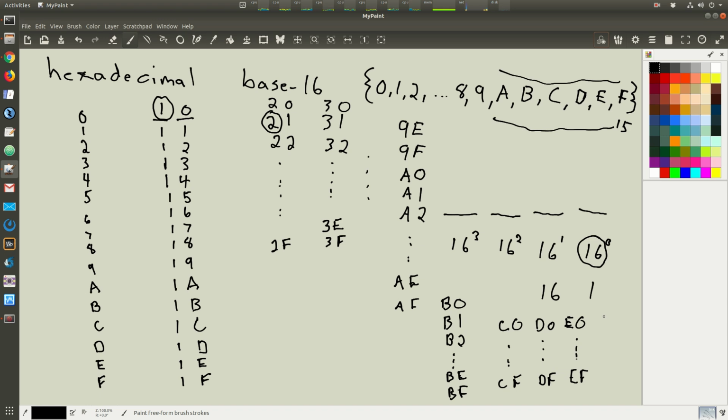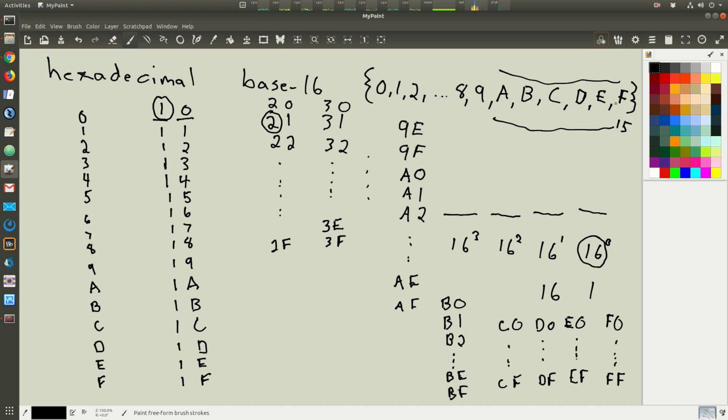Now this is where it gets interesting. We are at F0, finally to FF.